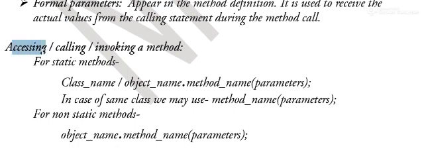Now, how can you access or call a method? To call a static method, we use class name or object name dot method name. And in case of a non-static method, we can use only object name dot method name.